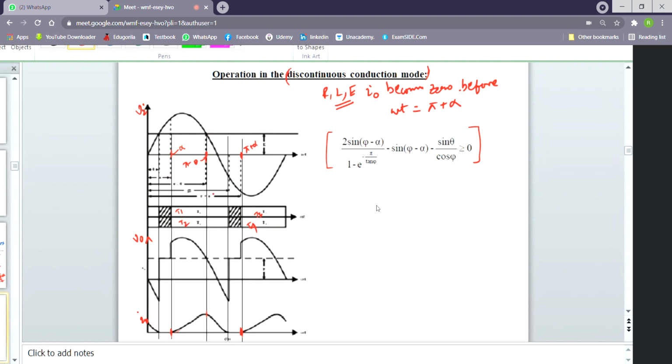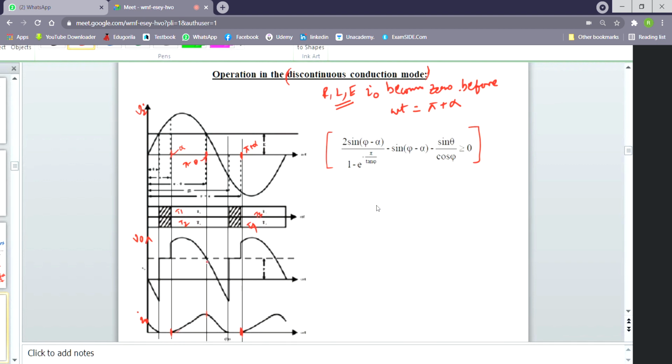Let me again repeat. In this discontinuous conduction mode, I0 starts rising from 0 as T1 and T2 are fired at omega t equal to alpha, and the load current continues to increase till omega t equal to pi minus theta.